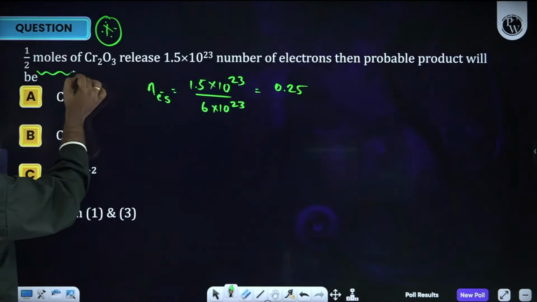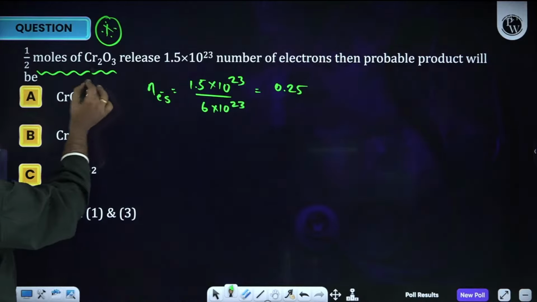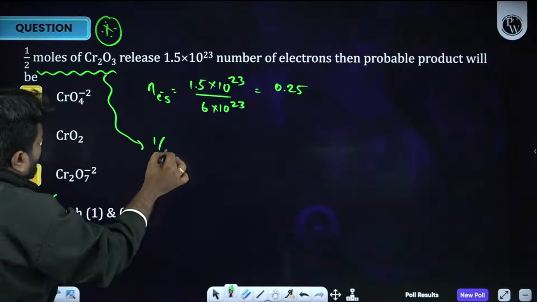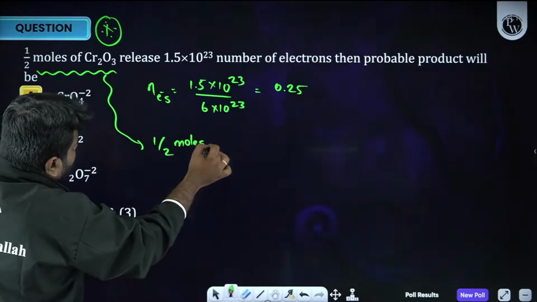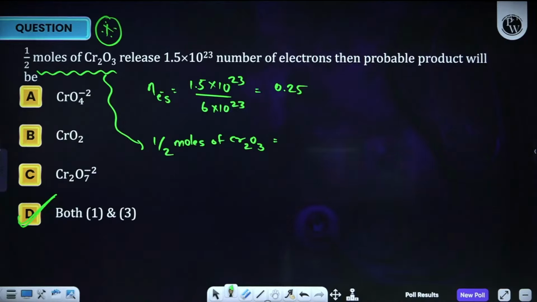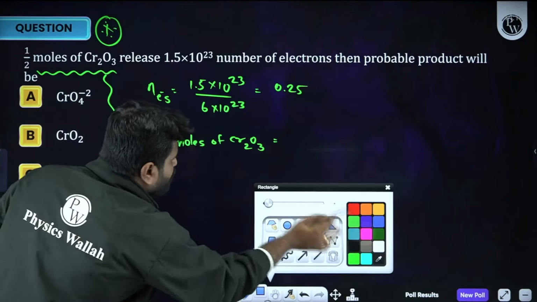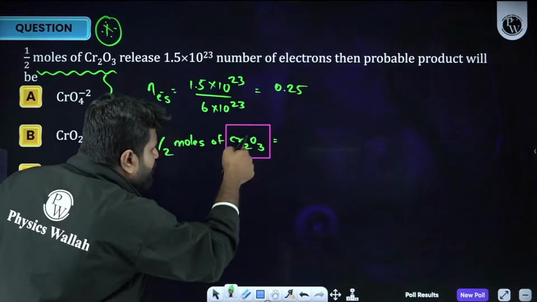0.25 is the number of moles of electrons being released from half mole. Since they told half moles of Cr2O3, tell me, in half mole of Cr2O3, how many moles of chromium are present? In 1 mole of Cr2O3, 2 chromium.